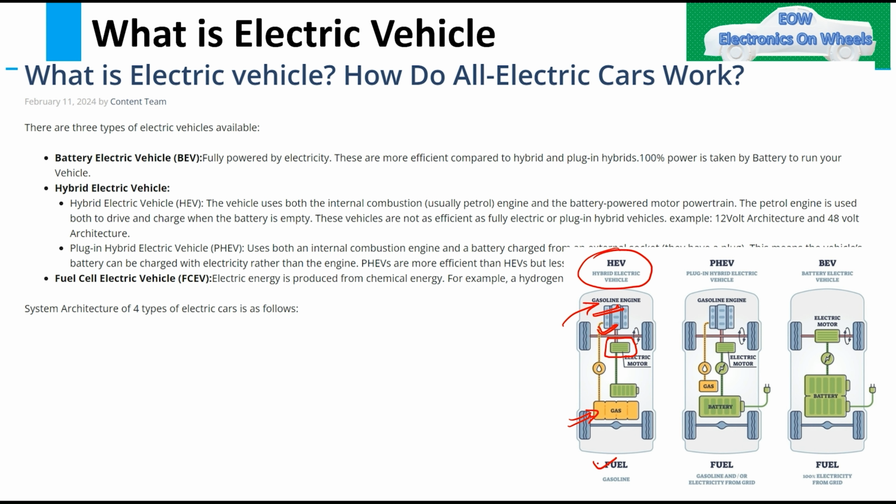Then you will be having the PHEV, that is plug-in hybrid vehicle, where you have the gasoline engine, electric motor, and battery also. But battery power would be more because you have the option to charge your battery from external. This is the advantage in PHEV. But as you can have the bigger battery, your cost will also be high. We will see all these parameters in the coming slides.